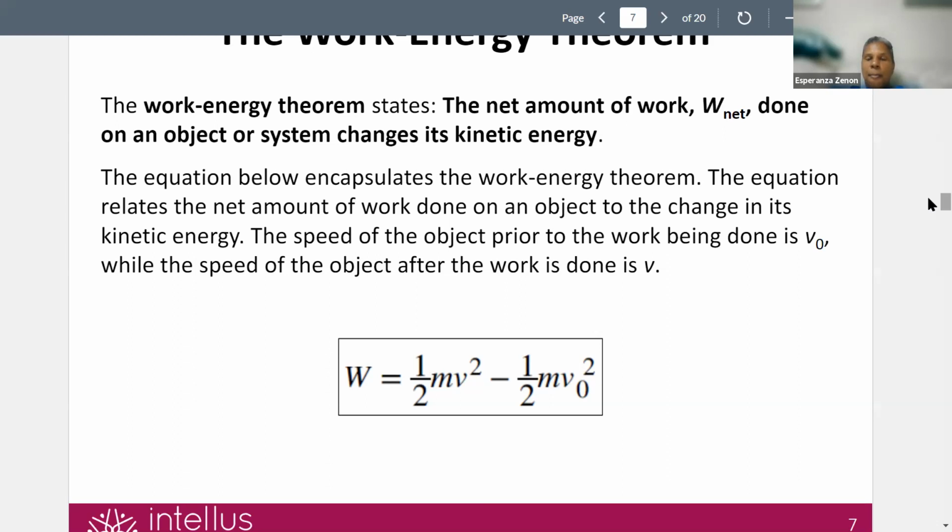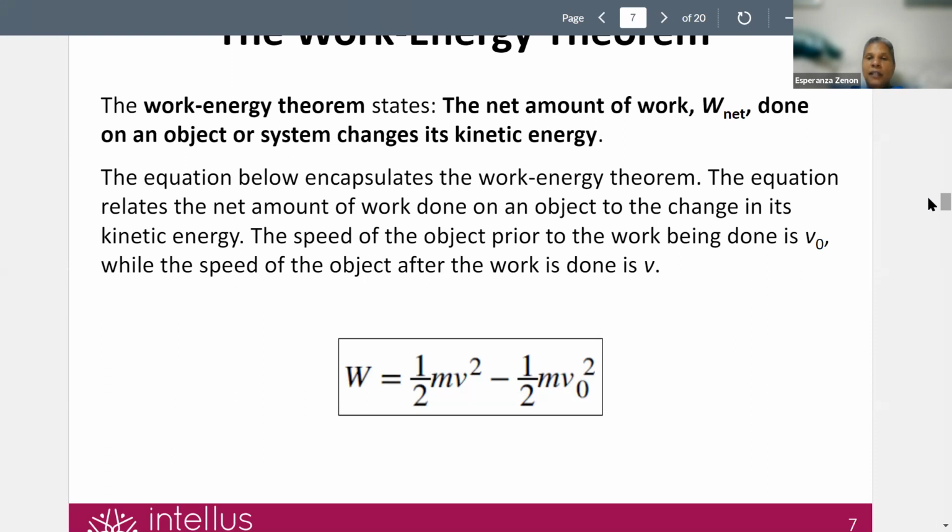Kinetic energy, KE, we often use the symbol KE. KE, kinetic energy, is equal to 1/2 mass times velocity squared. And if we look at the difference between the final kinetic energy and the starting kinetic energy, that tells us how much work is done. Because if work is done, the speed of the object is going to change. Okay?